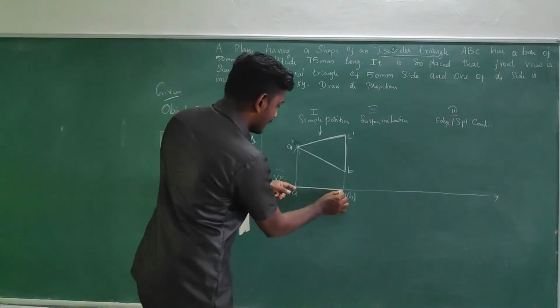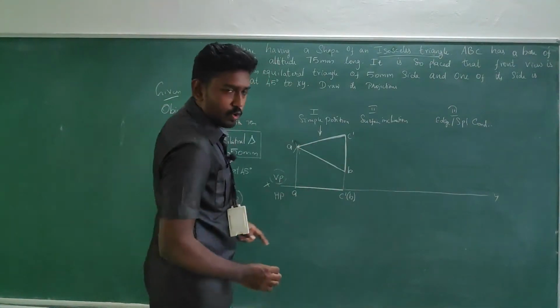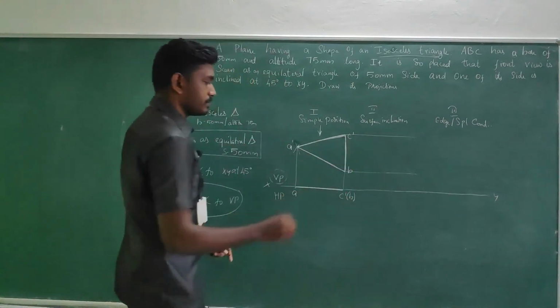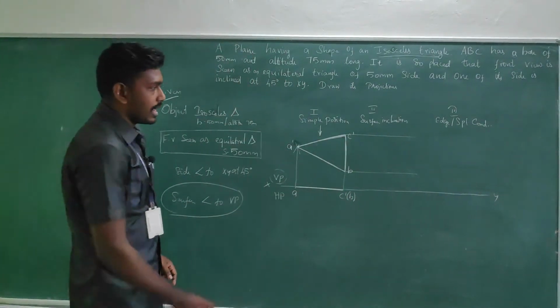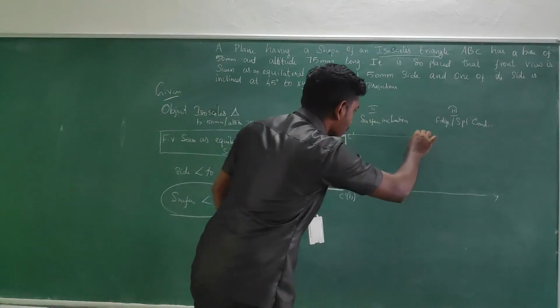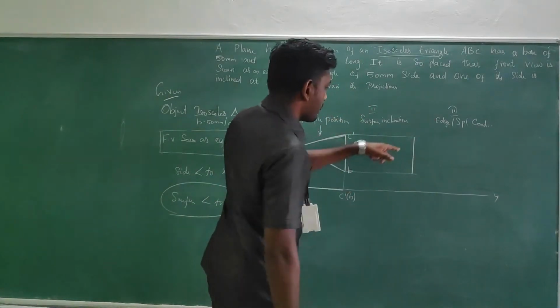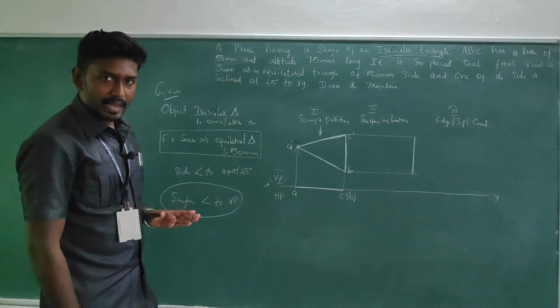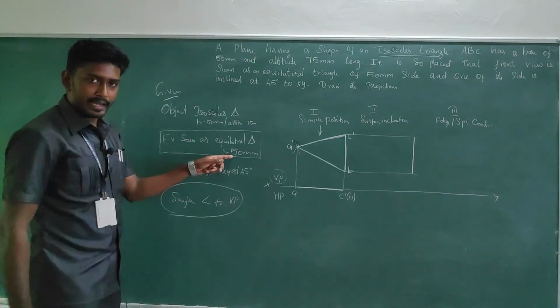So instead of tilting this line, I am going with the front view. For that I am going to take the projectors from B and C and then draw a straight line between the projectors. So you will get the baseline.